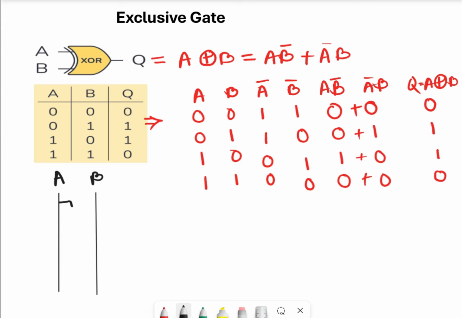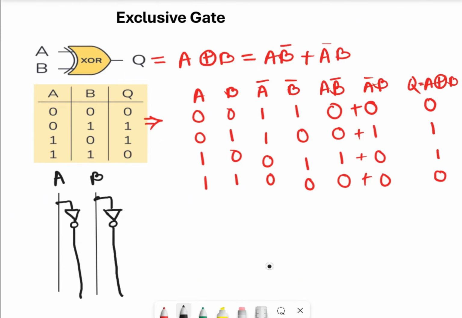Indeed, here will be one NOT gate implemented. So this is A bar. Pardon, my line is not perfectly straight. Anyways, here will be NOT B, which is connected with B, and this is connected with A. So this is another NOT gate.